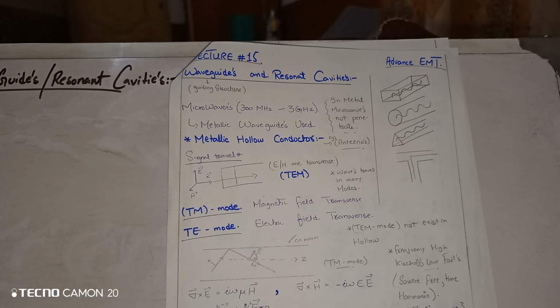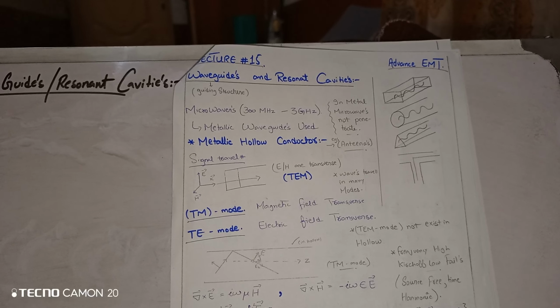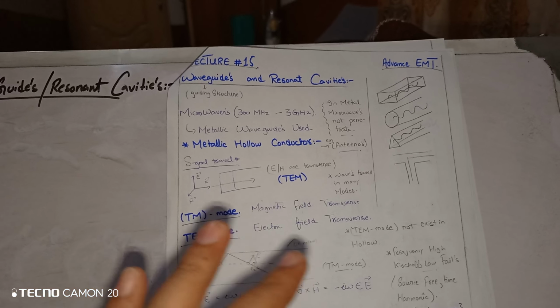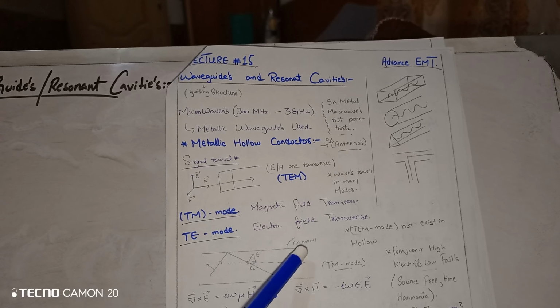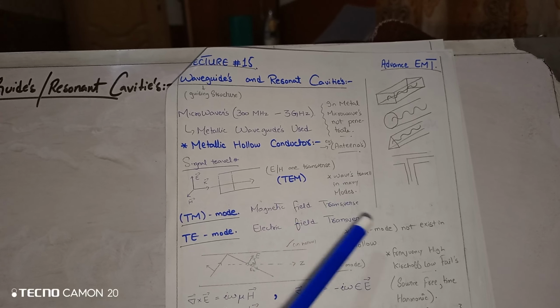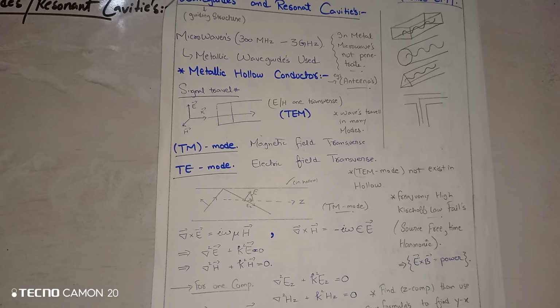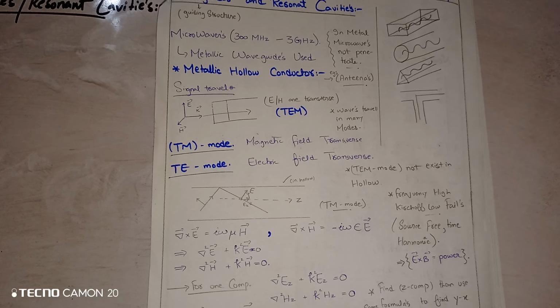Because in a hollow there are no electric fields and there is no medium inside, it is totally empty from inside. And another concept is that there is no field inside this hollow. That's why TEM mode does not exist in the hollow, only TM mode, in which the magnetic fields are transverse.